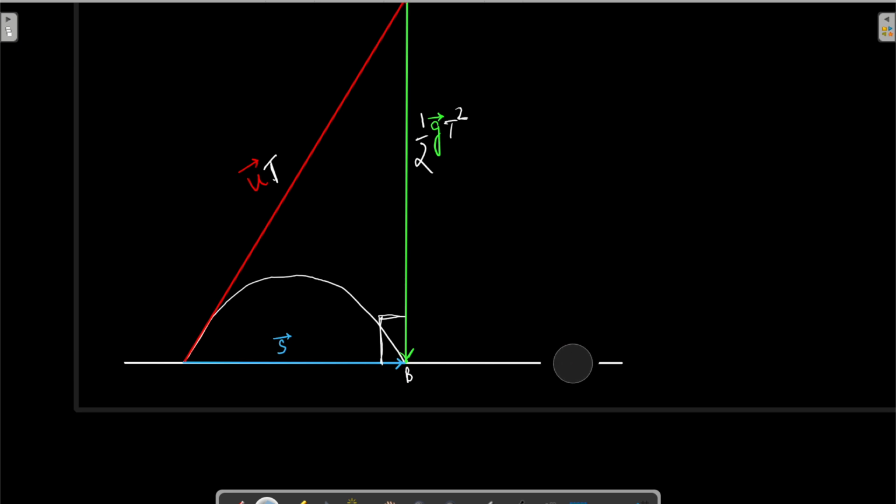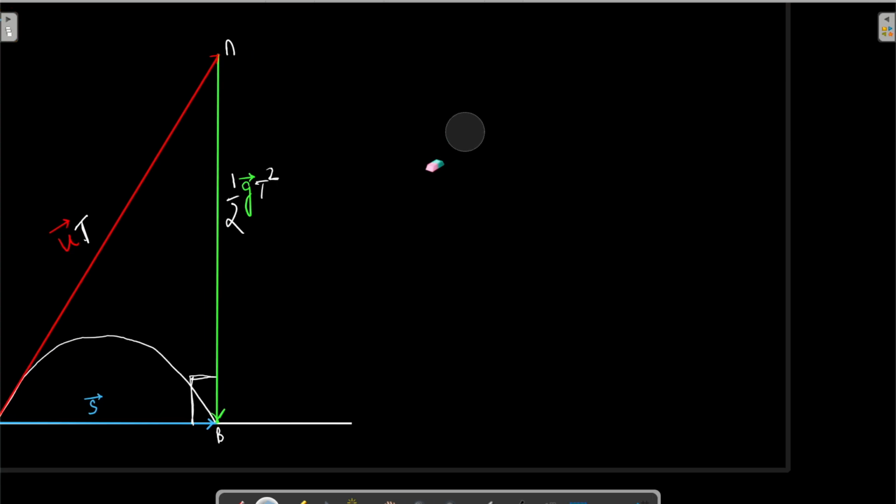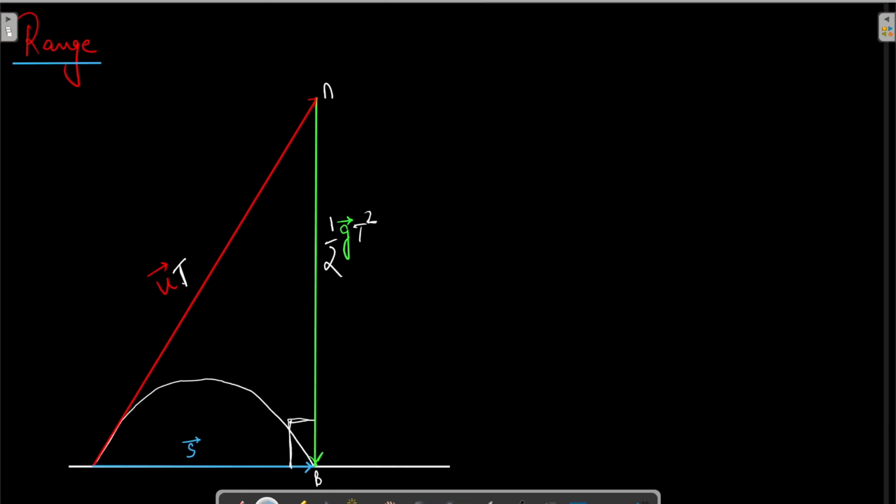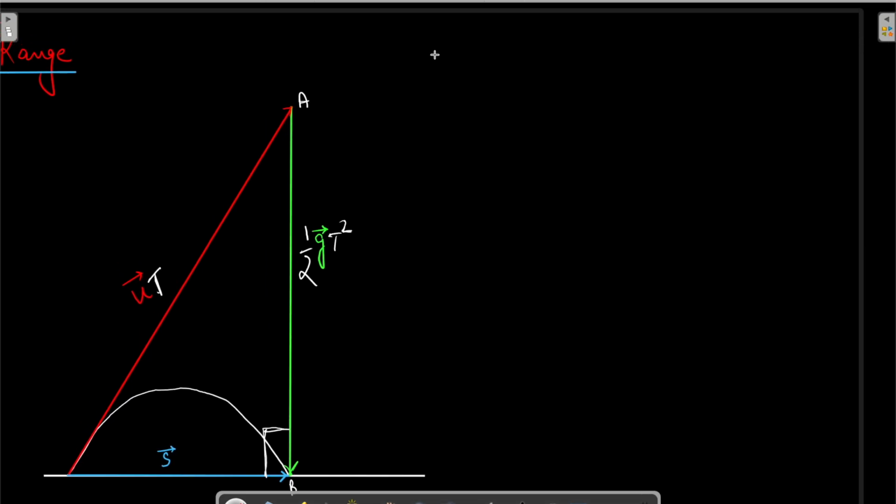Okay, so now we have the same triangle. Why do we have the same triangle? Because again we are talking about the end point only, the last point. So we have an identical vector diagram because it's the same moment we are talking about, the tau equal to t moment.